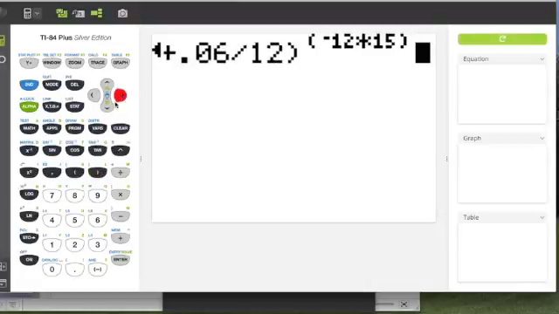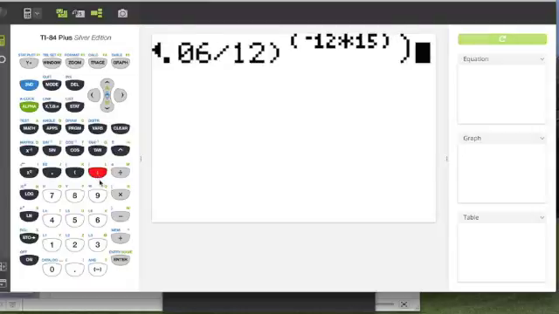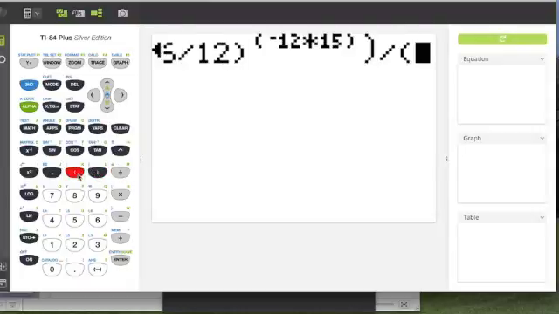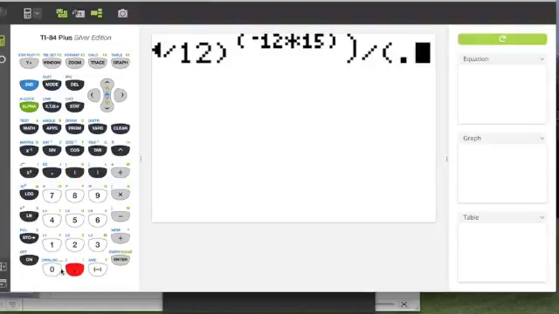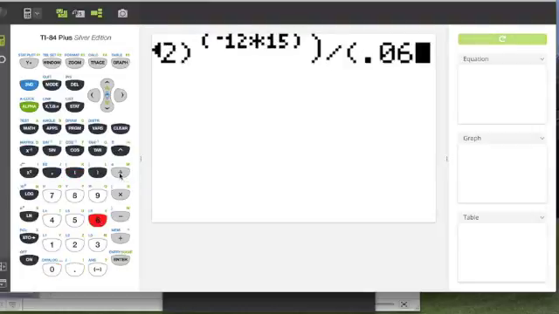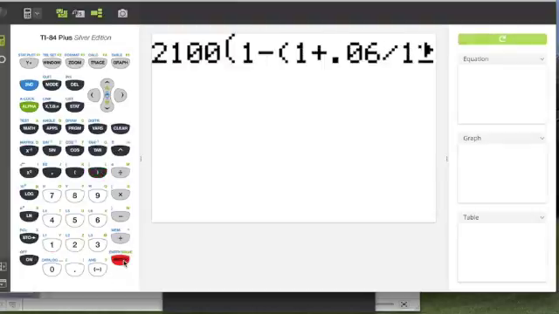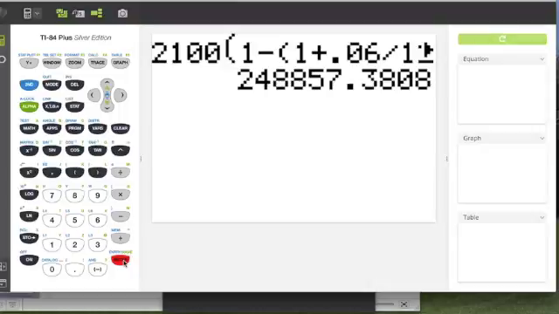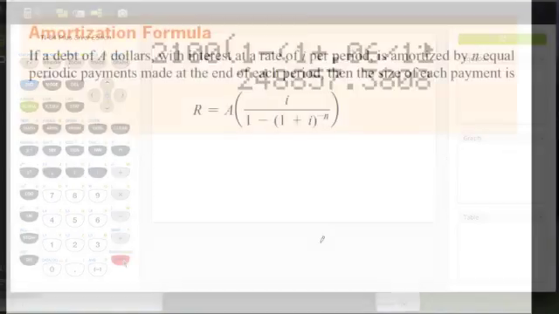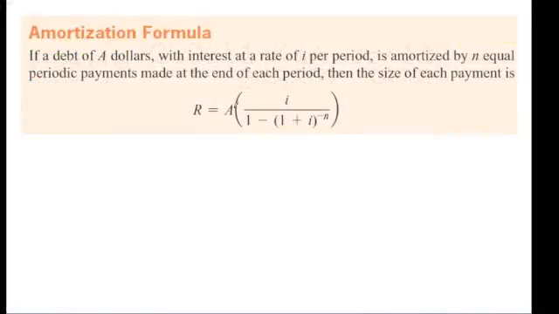Get out of the exponent, close the numerator parentheses, divided by, let's do denominator parentheses, of 0.06 divided by 12. Close the denominator parentheses, enter. $248,857.38.